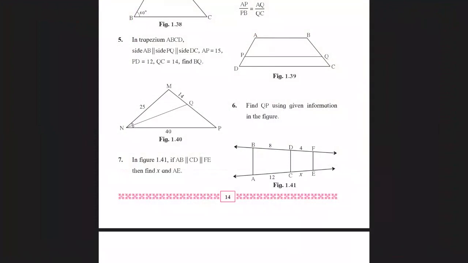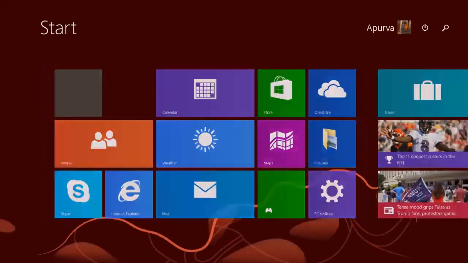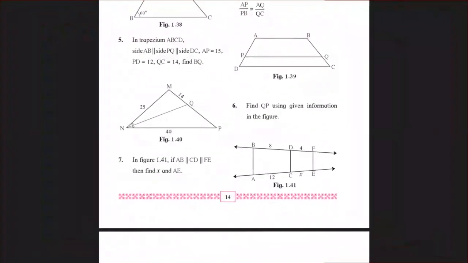Find QP using the given information in the figure. Exactly, once again, it's an angle bisector. See, NQ is the angle bisector. You're able to understand from the figure. So you have to use the angle bisector property. So MN upon NP equal to MQ upon QP. All three values are given and you have to substitute.